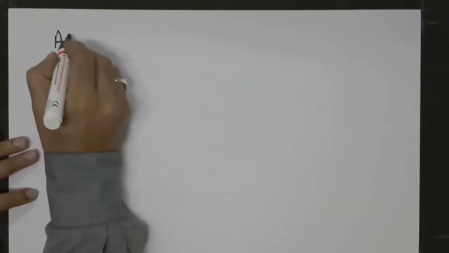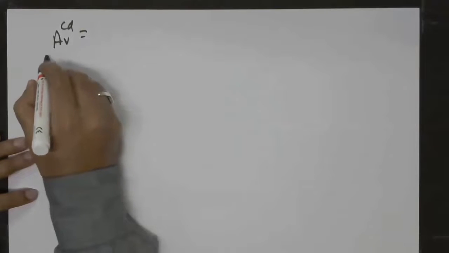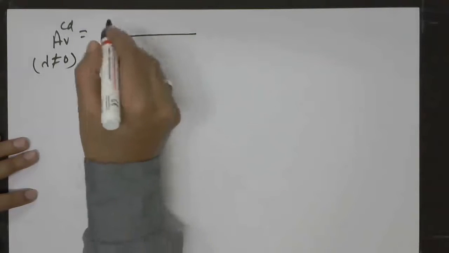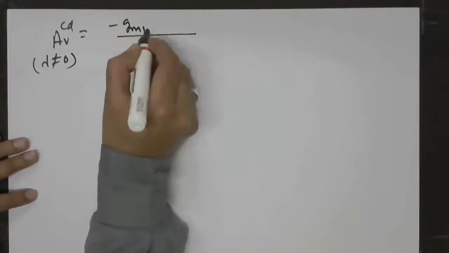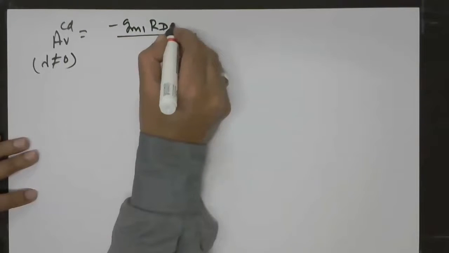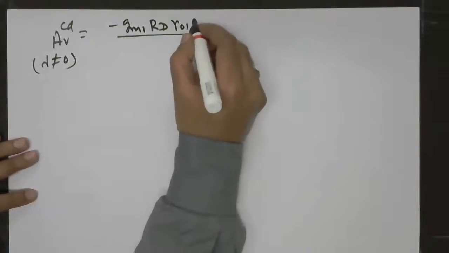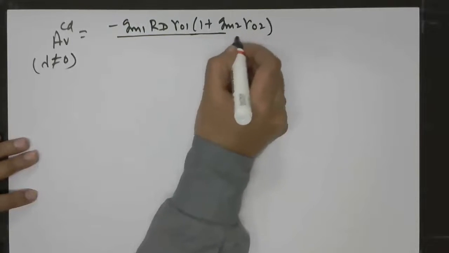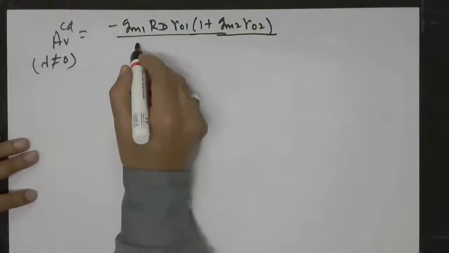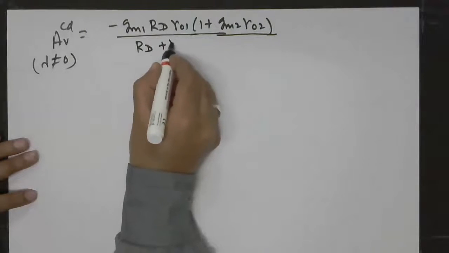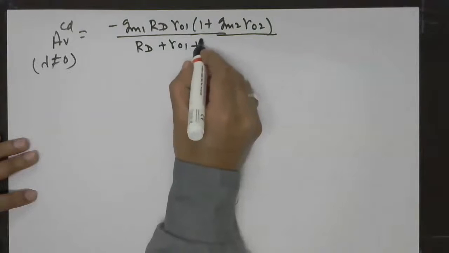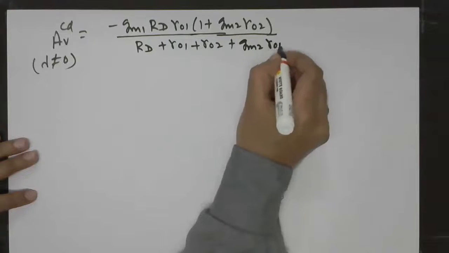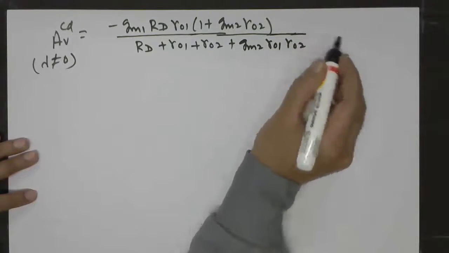So the voltage gain final for the cascode with channel length modulation will be given by minus GM1 RD RO1 into 1 plus GM2 RO2, divided by RD plus RO1 plus RO2 plus GM2 RO1 RO2.